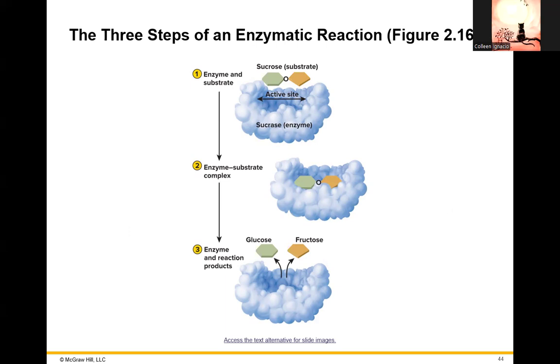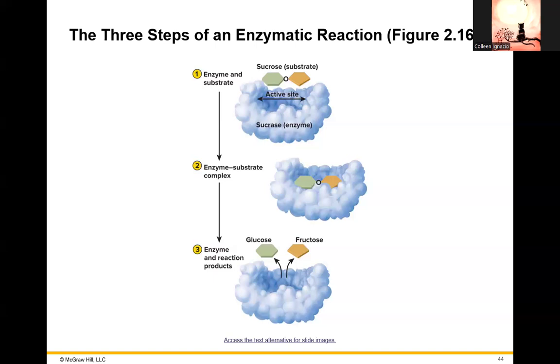So here we have the enzyme and substrate, and these enzymes usually end in ASE, so A-S-E. So if I have the sugar sucrose, the enzyme that's going to bond with sucrose is sucrase. Okay? So this enzyme substrate complex is made with sucrose, which is the substrate.